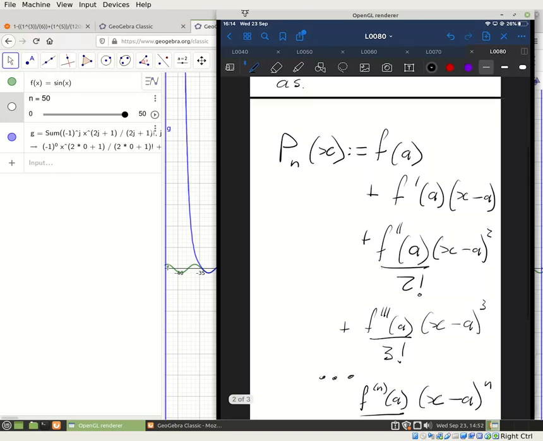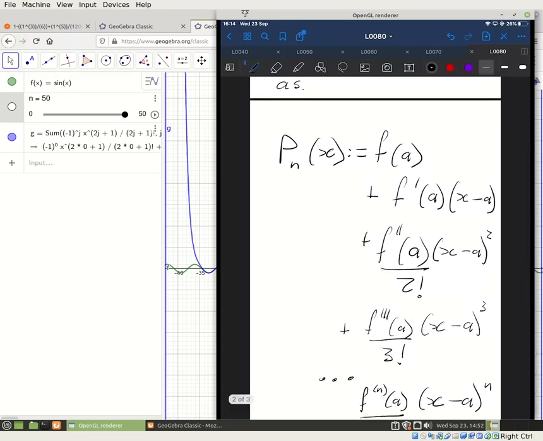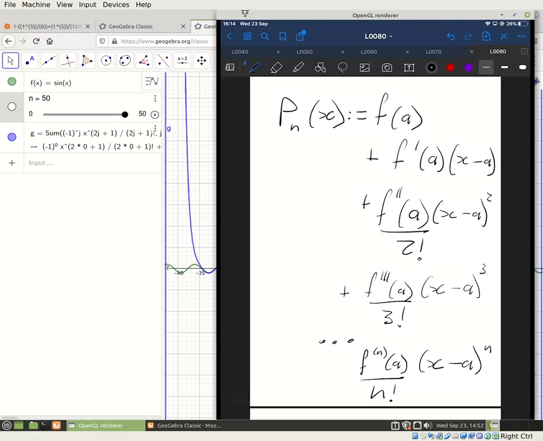So the nth Taylor polynomial is defined as the following polynomial: the value of f at the point A plus the value of the first derivative of f at A multiplied with that expression x minus A, plus the value of the second derivative at A over 2 factorial multiplied with x minus A squared, etc. And what you should notice here is A is a fixed number, so these are just numbers.